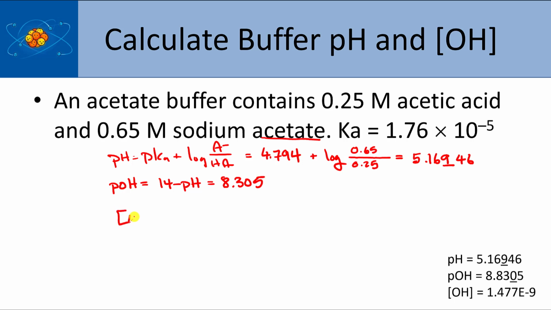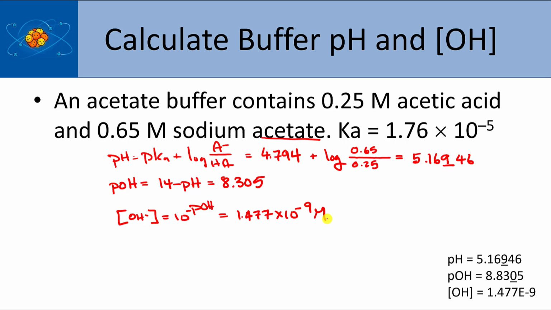And then the concentration of hydroxide is 10 to the minus pOH. So that ends up being 1.477 times 10 to the minus 9 molar. Okay, so that's all the information that you need out of the buffer.